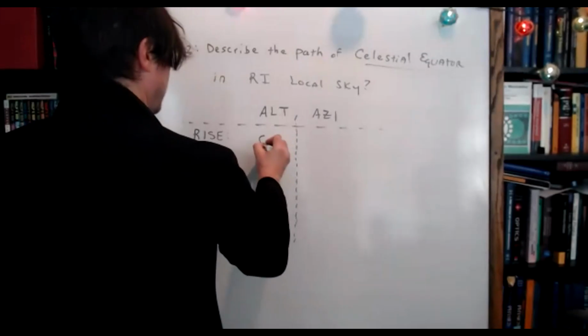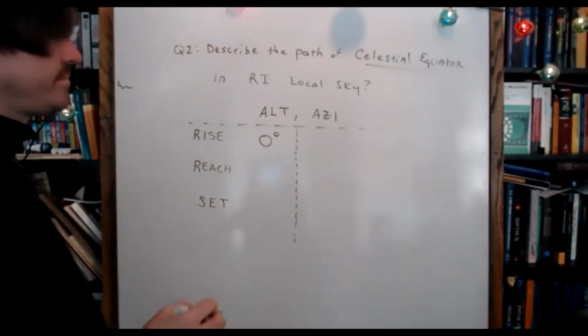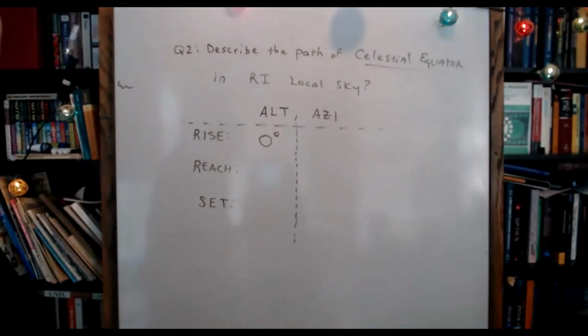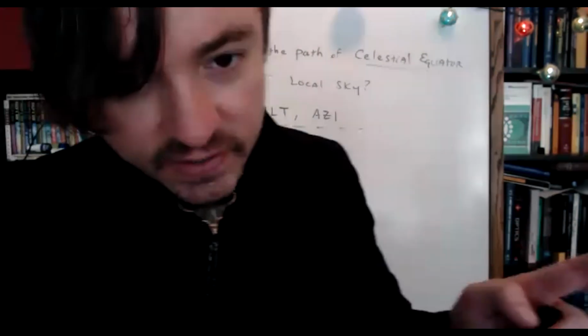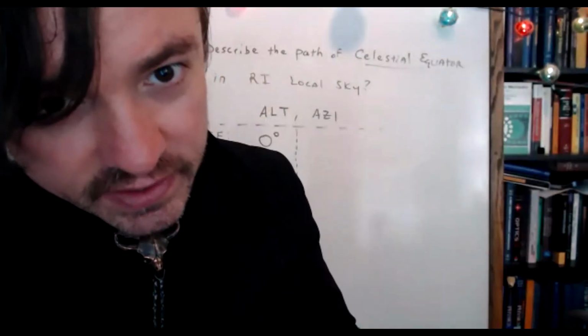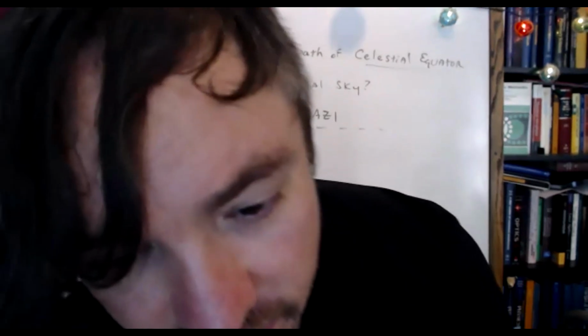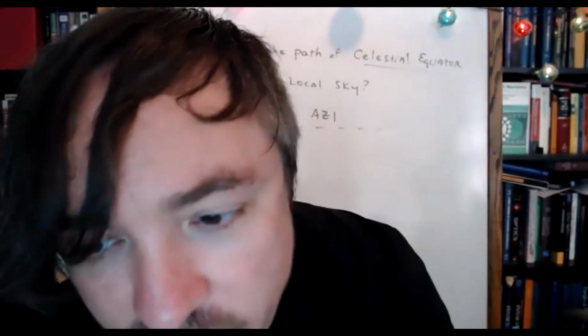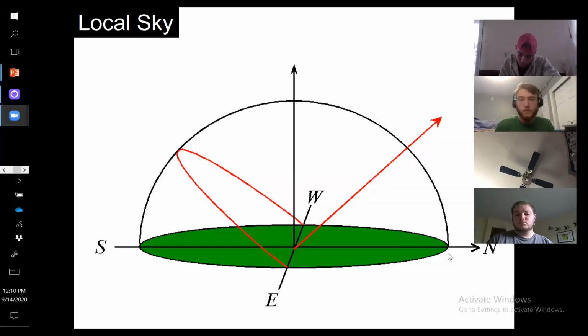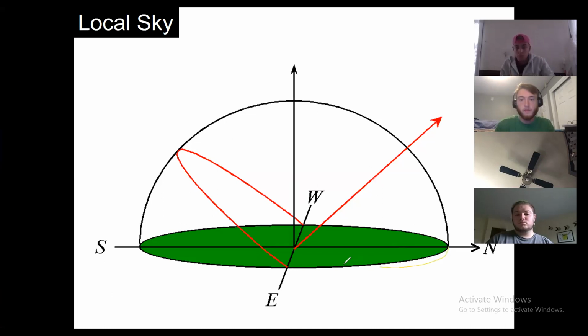What about the azimuth? Would that be 0 east? Hold on. The east part was correct. The 0 part is not correct because remember that azimuth measures degrees along the horizon measured clockwise from north. So do you want to revise your answer?